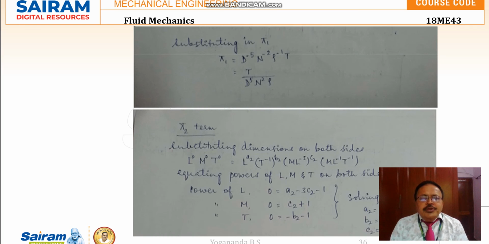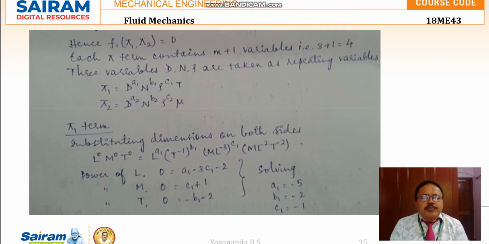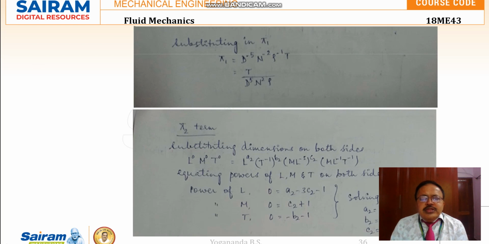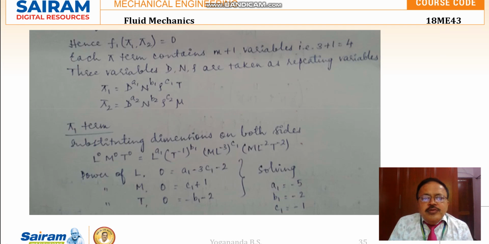Similarly, go to the pi 2 term. Substituting the powers of L, M and T on the left hand side, it will be 0. We don't have L, M and T in the pi 2 term on the left hand side. Then substituting the dimensions of D, N, rho and mu with the powers A2, B2, C2, and mu has the power 1.